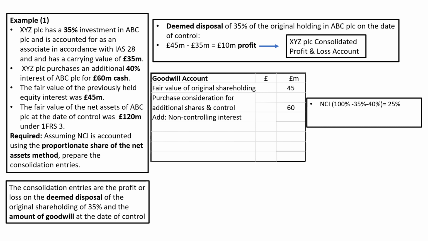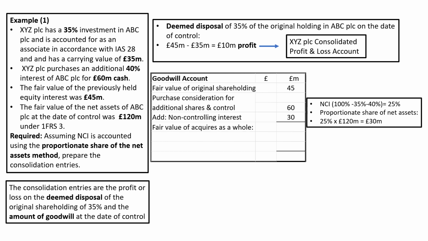As we are using the proportionate share of the net assets method, we calculate 25% of $120 million, which is the value of the net assets at the date of control, and we get $30 million.